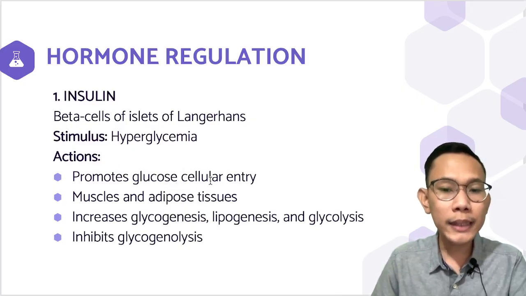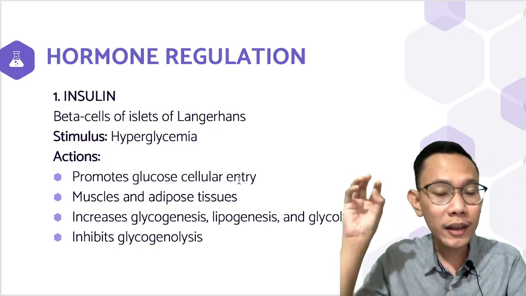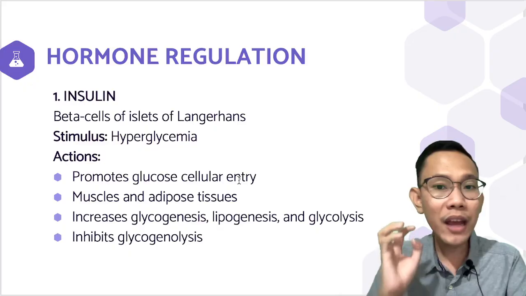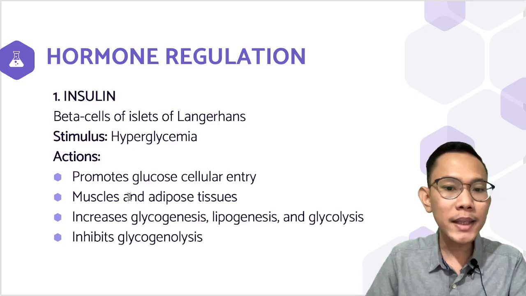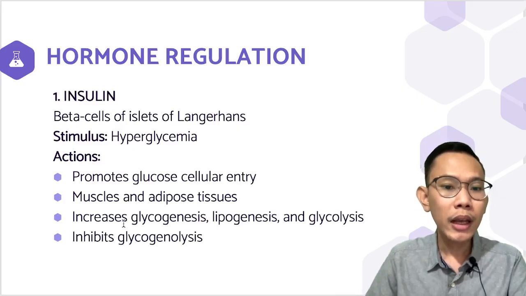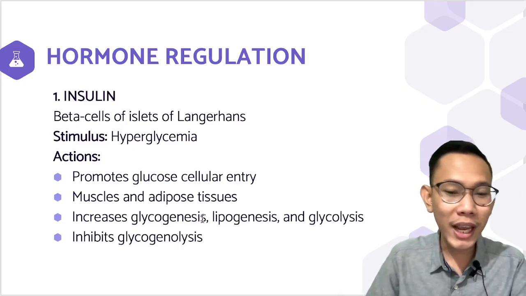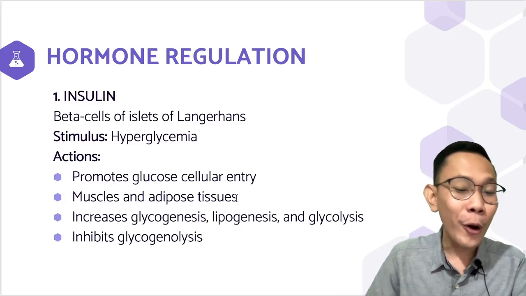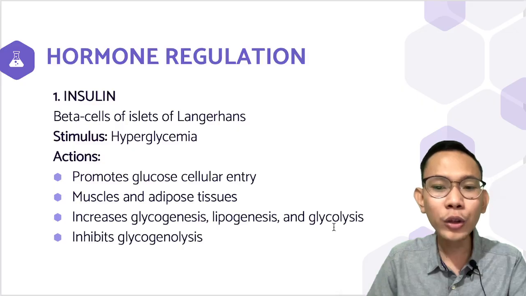Promotes glucose cellular entry. Of course, papasok ang glucose patungo sa ating cells para bumaba ang blood glucose natin, in muscles and adipose tissues. And also, increases glycogenesis, formation of your glycogen, lipogenesis, formation of your fats, and glycolysis.